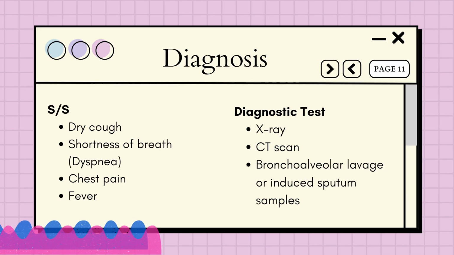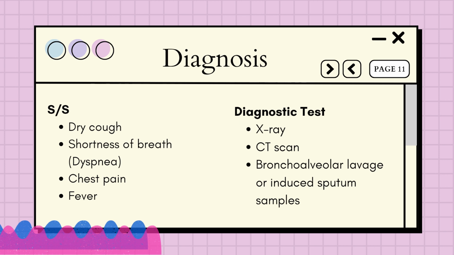This time, let us know the diagnosis or ways to detect the pathogen and what are the possible signs and symptoms that an individual may experience when they are infected. Possible signs and symptoms are dry cough, which is a cough that doesn't produce mucus or phlegm, dyspnea or shortness of breath, chest pain, and high fever.